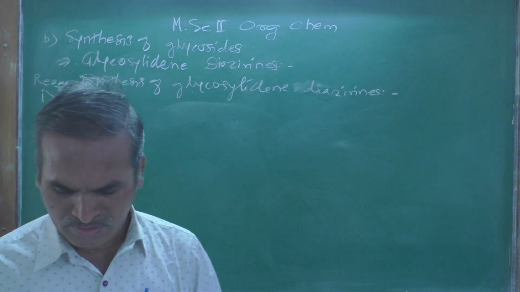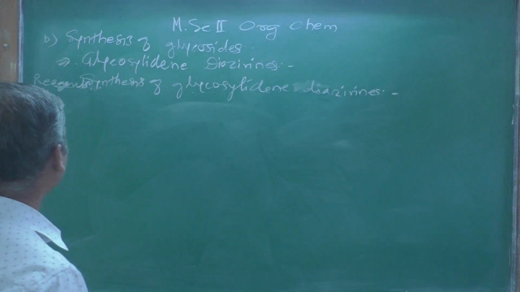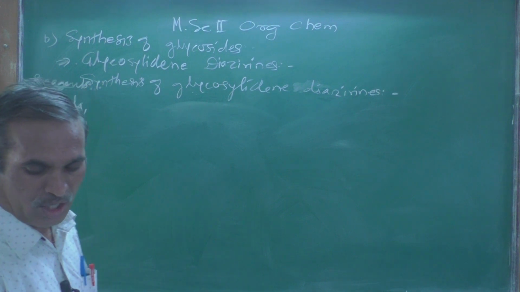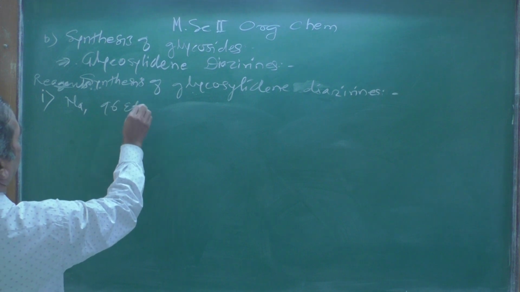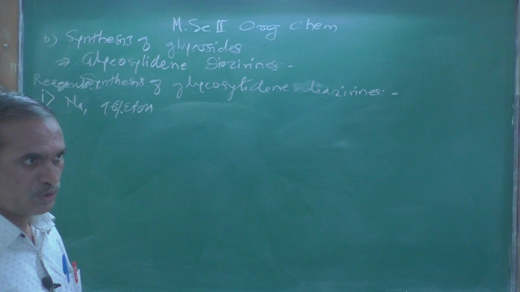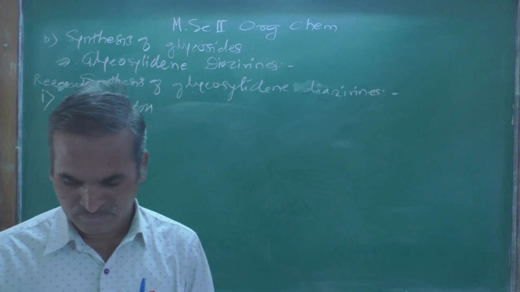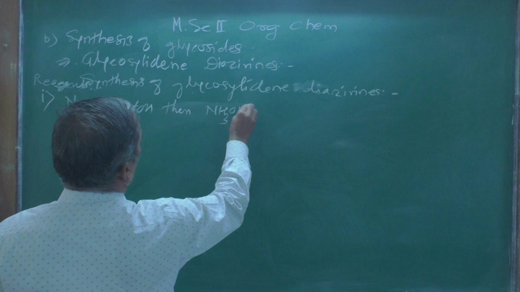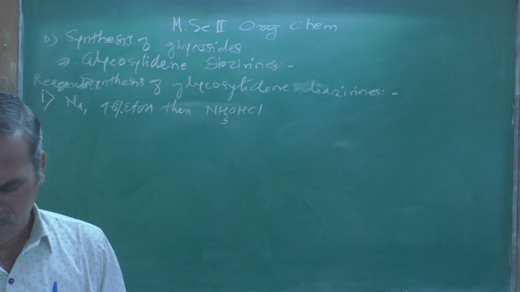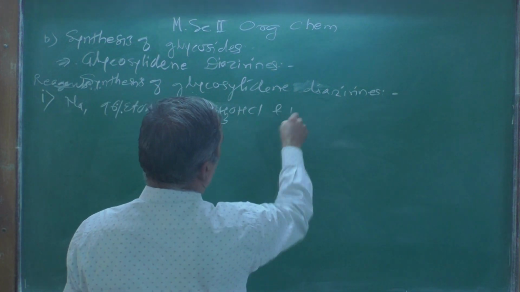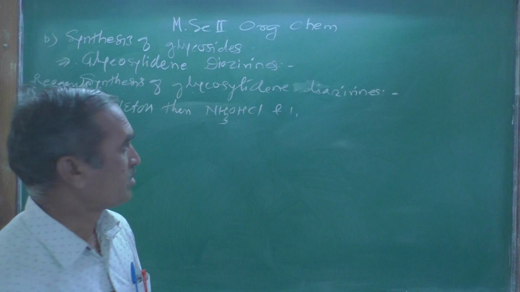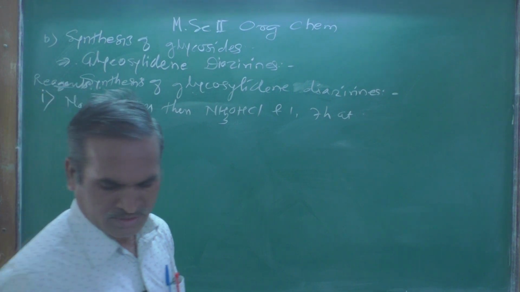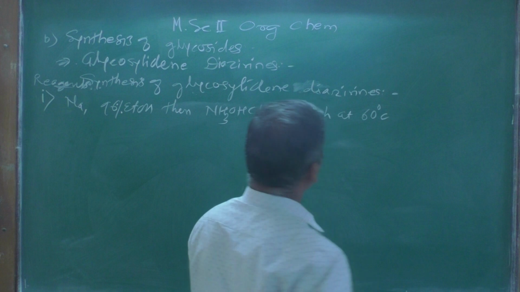So the first one is sodium. As we know, sodium in 96% ethanol is used for this, and then NH2OH·HCl, for 7 hours at 60 degrees.